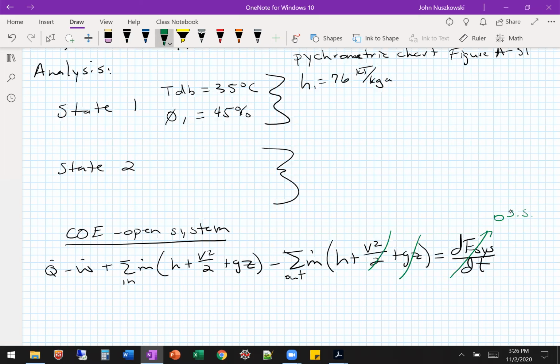We'll neglect kinetic and potential energy. There's no work in our schematic.